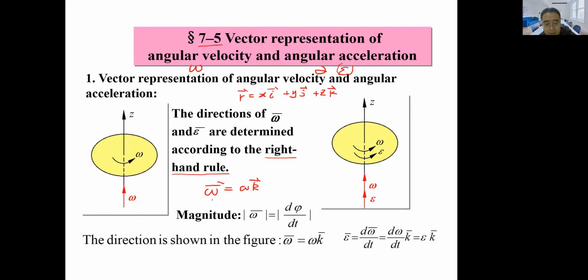So here we use omega equal omega k. It means it has zero component along the x direction. It also has zero component along the y direction, and it only has a component along the k direction. Why? Because we almost only talk about plane rotation, right? Plane movement. We just talk about plane motion.